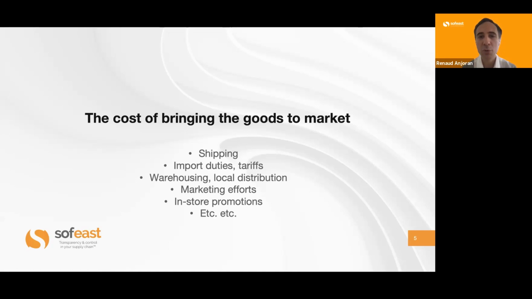Warehousing, local distribution, distribution centers, and so on. Also promotions, marketing efforts. Maybe you need to do some Facebook ads and things like that. Maybe you need to work with distribution partners, and you need to pay for in-store promotions. Do a little TV clip that will run in the stores. There's a lot of things here that might be included.